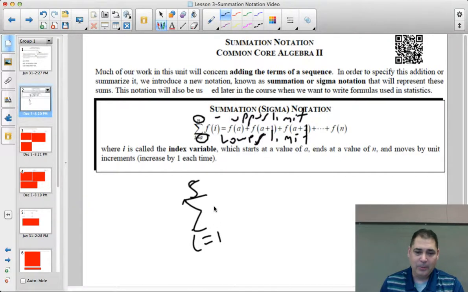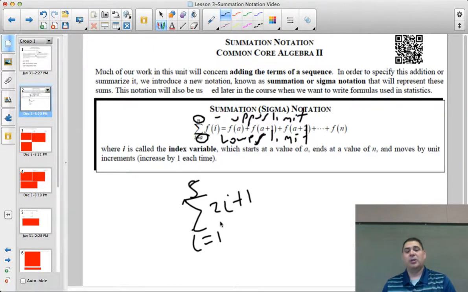In the problem, you'll have some sort of expression, say 2i plus 1. What this is saying is you plug 1 in and evaluate, plug 2 in and evaluate, plug 3 in, plug 4 in, plug 5 in, evaluate each, and then take all those and add them together. That's what summation notation means. You evaluate each term individually, and at the end, you add them together.